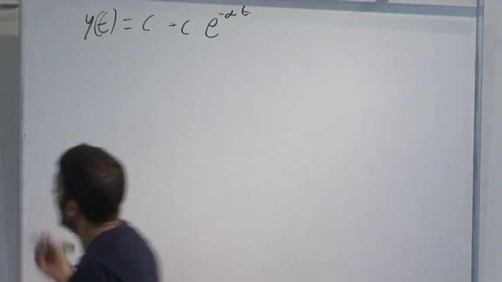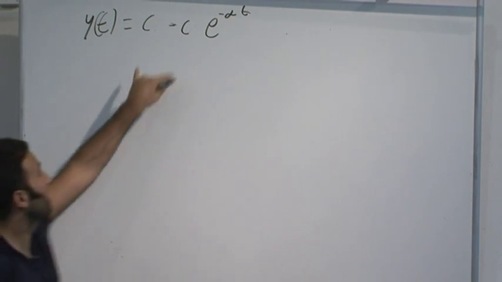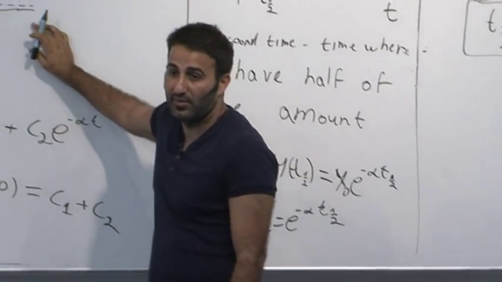Okay, and what else can we use? Here we did one step. We need to do another step to get rid of c. Okay, we can use steady state. What does a steady state mean? We know that it will be a constant after a long time, right?